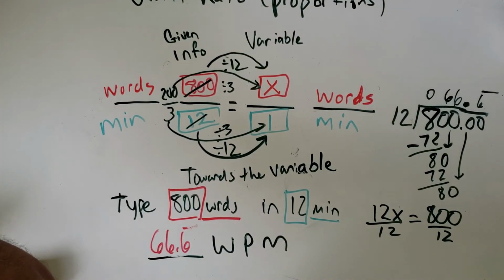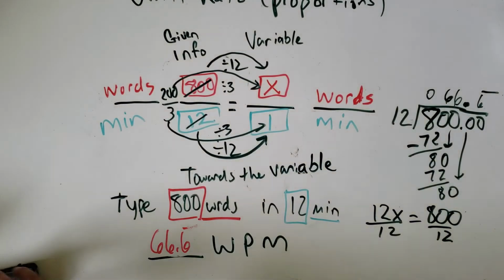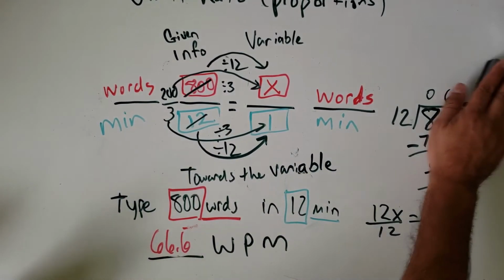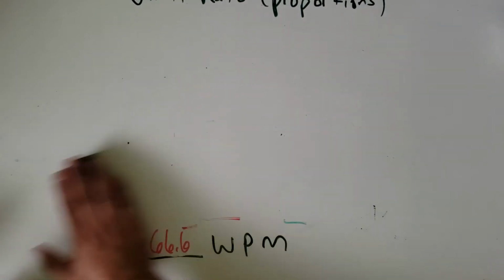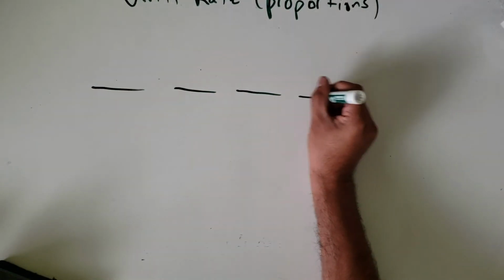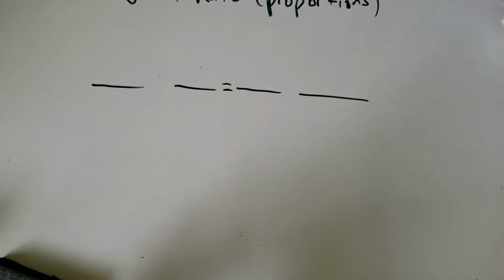We're going to do the second one on that worksheet, which says 192 students in 4 buses. So I'm going to erase everything except for the title. I'm going to start off really quick with my 4 lines and an equal sign. There's my 4 lines, there's my equal sign.